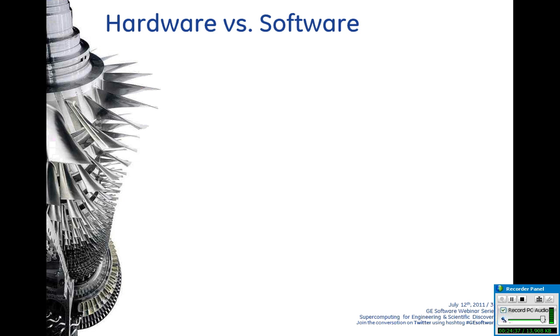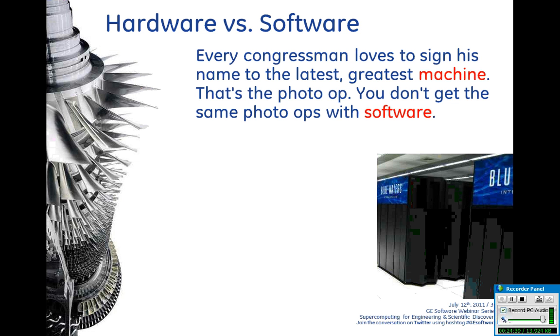And I show one piece of hardware here on the left. That's a gas turbine. I'll get to in a minute, but I want to start with a quote from Tom Dunning, the director of National Center for Supercomputing Applications, that every congressman likes to sign his name to the latest, greatest machine. These are the supercomputers. That's the photo op. You don't get the same op with software.